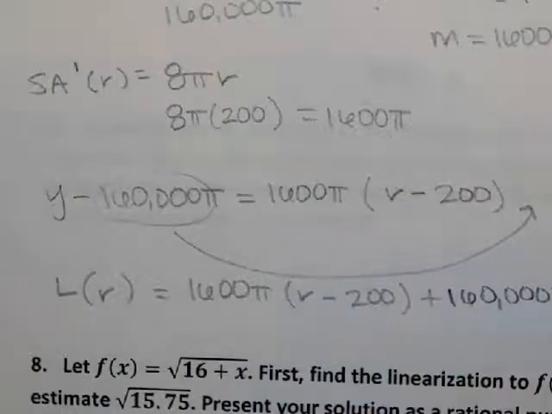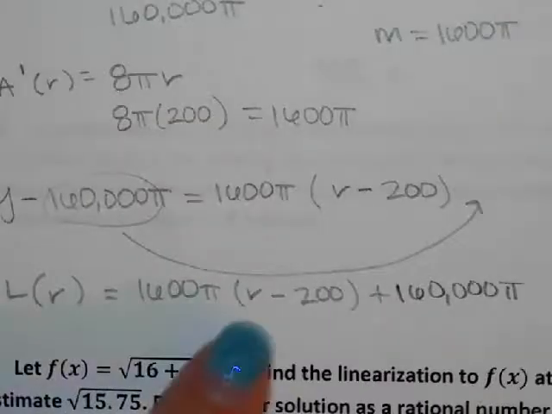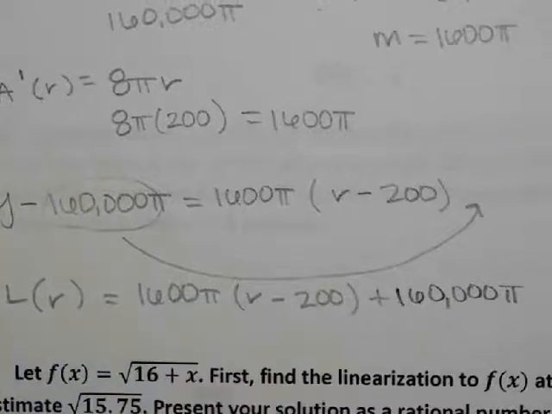Okay. So let's figure out what we're going to be plugging in right here, what it is that we're approximating. They said that the sphere has a radius of 200 centimeters and it has a coat of paint that is 0.2 centimeters thick. So what should we plug in for R? 200.2.